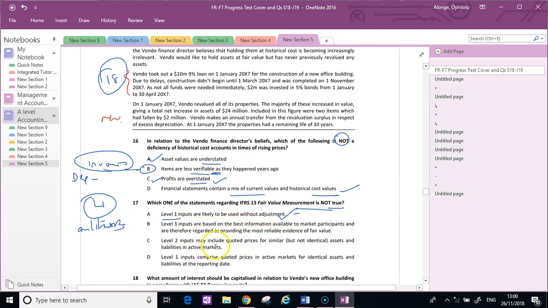Level 2 inputs may include quoted prices but not identical in active markets. So the markets aren't as open. So you do need some, not specialist knowledge, but they're kind of more specific markets. So you might need some more information.